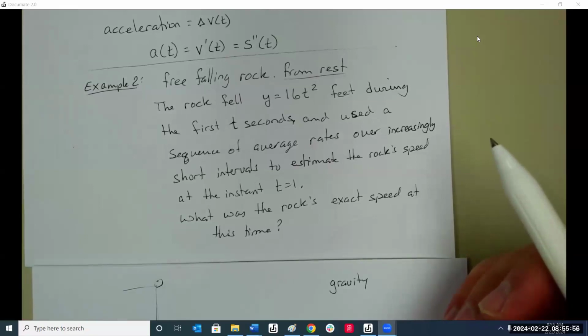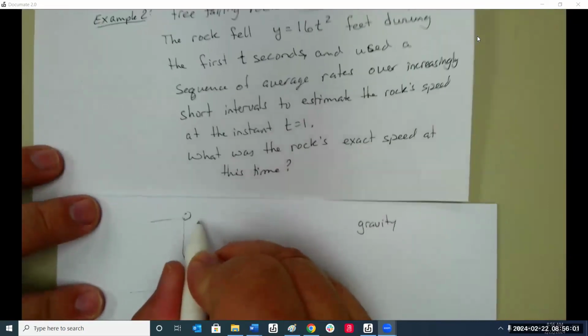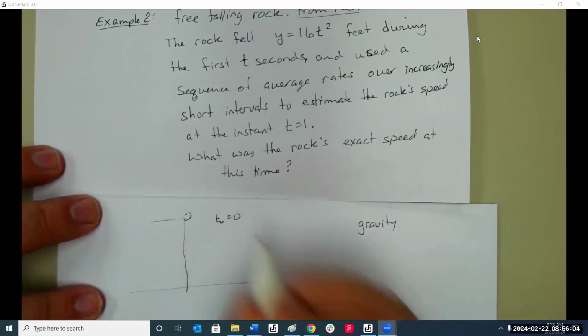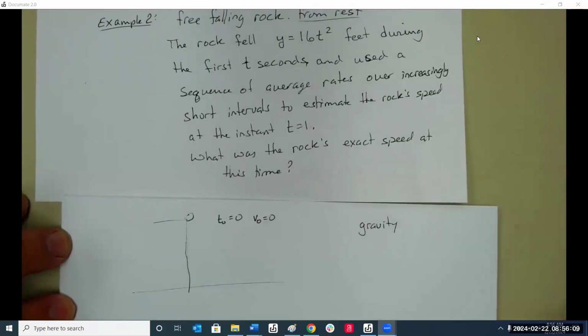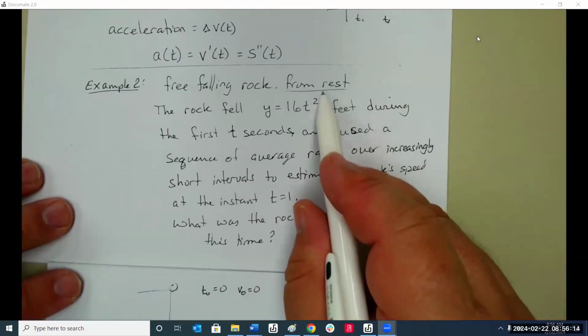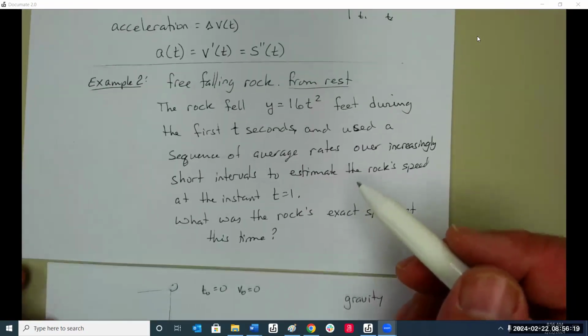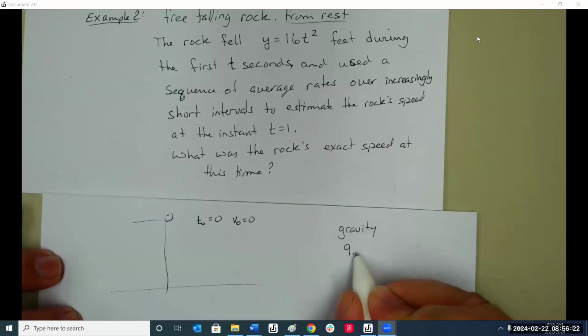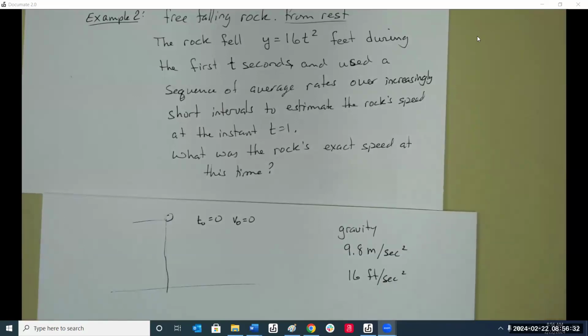That means nothing pushed it. So it just started off at 0. So at the very top here, at t equals 0, its velocity or speed was 0. Then when it started falling from rest, the only force acting upon it is gravity. Gravity is 9.8 meters per second squared, or 16 feet per second squared.